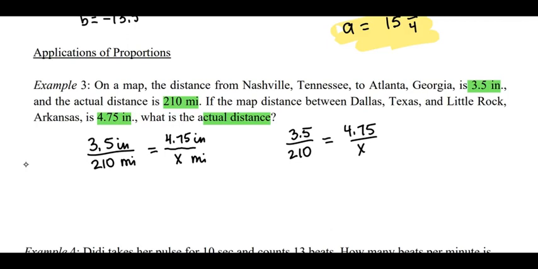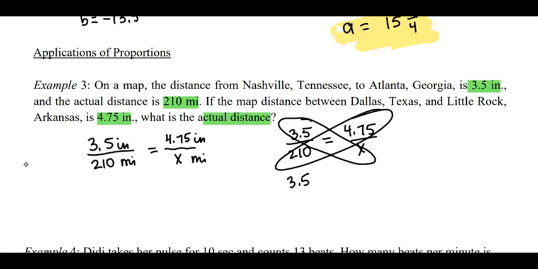All right. So we are going to be using our cross product. So we'll have 3.5X, and then we need to multiply 210 times 4.75. 210 times 4.75, right, 997.5.